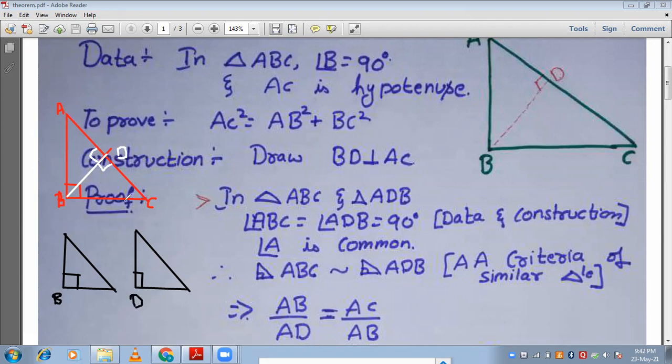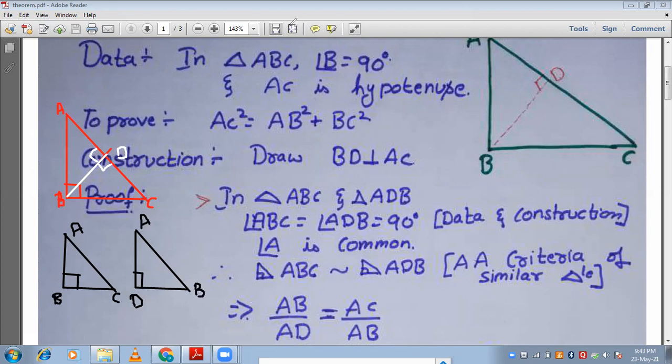In triangle ABC, AC is the hypotenuse, so mark hypotenuse side AC. In triangle ABD, angle D is 90 degrees, so AB is the hypotenuse side. Write down A and B.